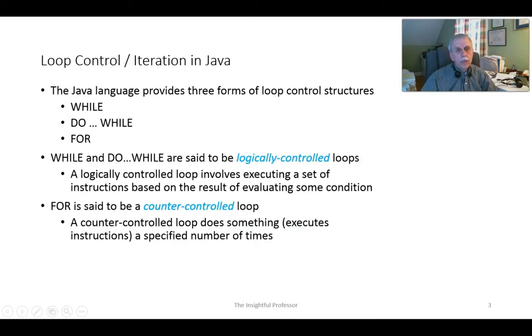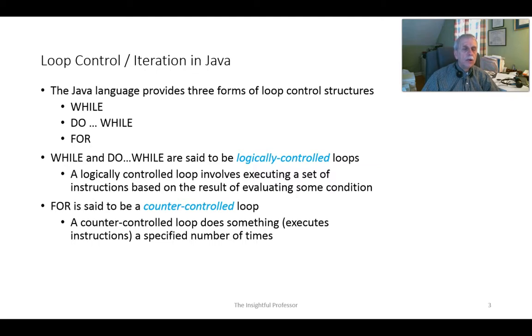So let's take a look at loop control structures available in the Java programming language. Java provides three types of loop control structures. One is the while loop, another is a do while, and a third, which we're not going to be addressing specifically in this video, is called a for loop.